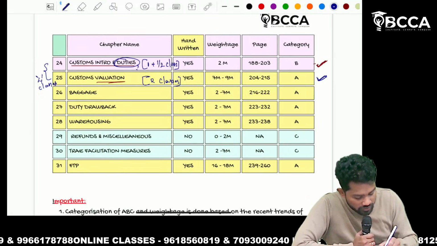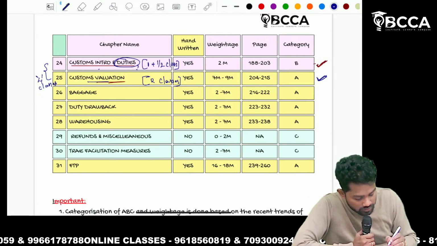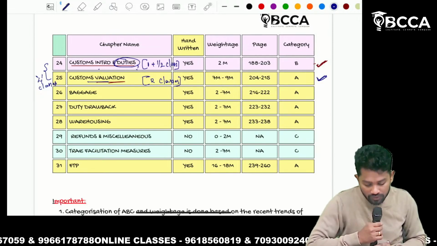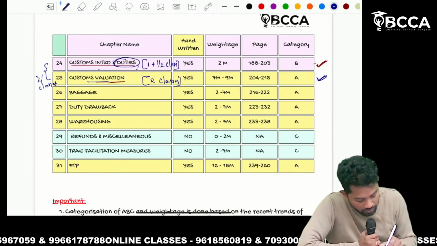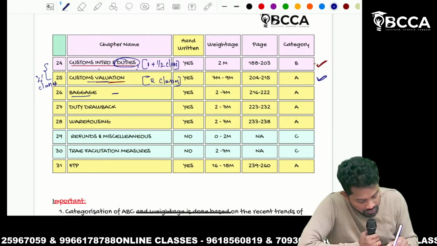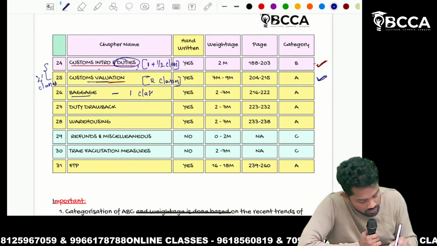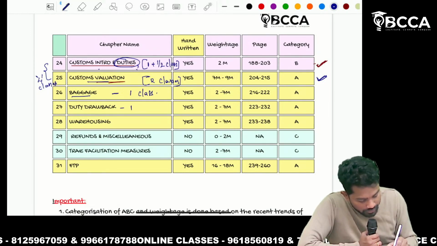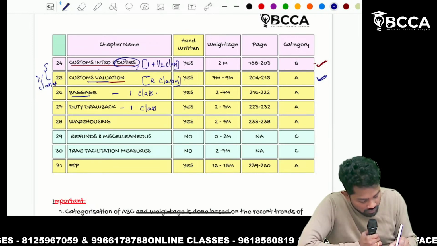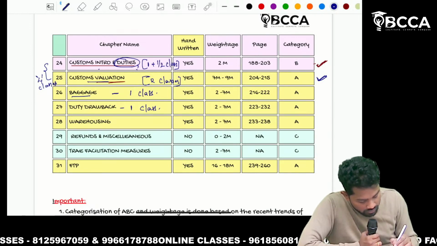Then we have baggage. For baggage, 1 class is enough, and we will solve problems also. Duty drawback will also finish in 1 class only, not more than that.